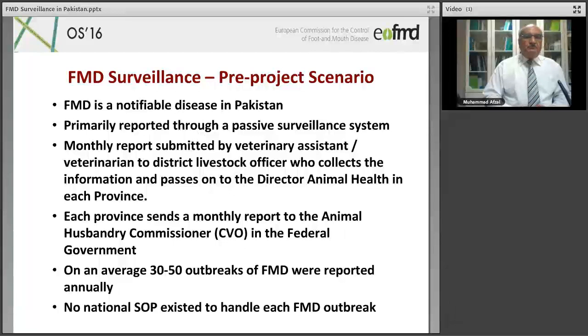Each month, all the information is then submitted to the chief veterinary officer. Before we started improving the surveillance system, only 30 to 50 outbreaks of FMD were reported annually, and unfortunately there was no SOP available with the field veterinary staff on how to handle an FMD outbreak.